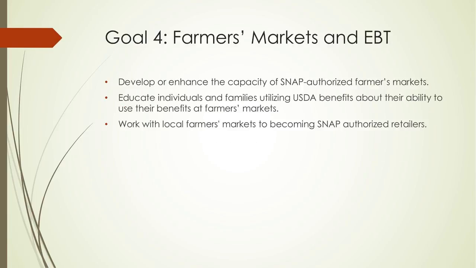All right, let's move on to farmers markets and EBT. So this goal states improve access to and enhance awareness of nutritious food options available through farmers markets. So these are the objectives that are related to farmers markets and EBT.